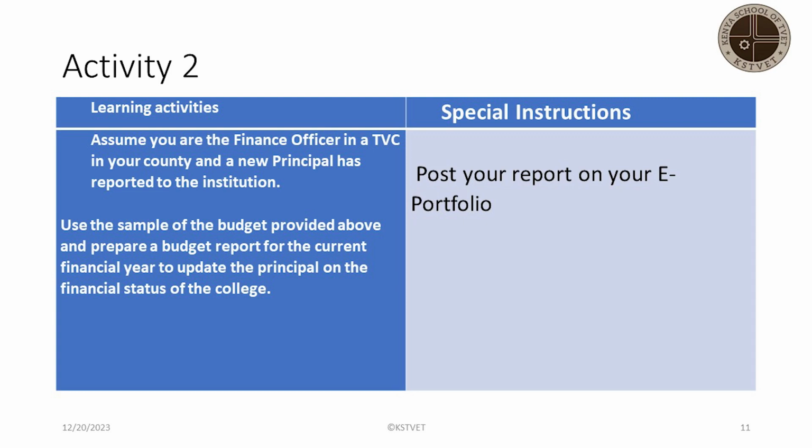Use the sample of the budget provided above and prepare a budget report for the current financial year to update the principal on the financial status of the college. Then post your report on your e-portfolio.